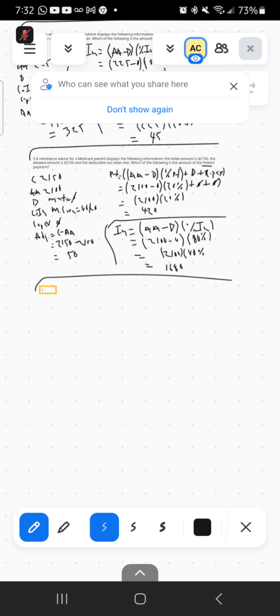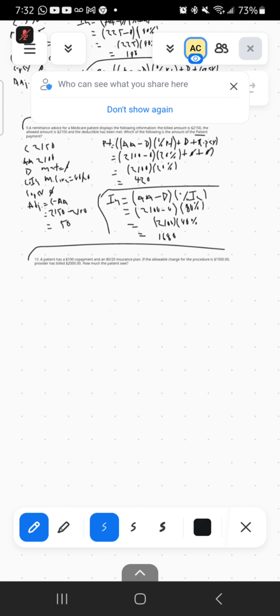Number 10. Same thing, you go like, oh, this is a question about numbers. So you write it down: charges, amounts, deductible, payments.